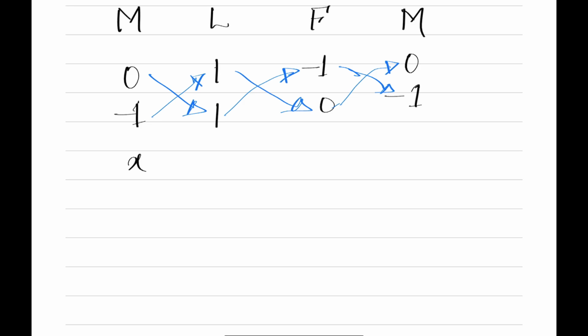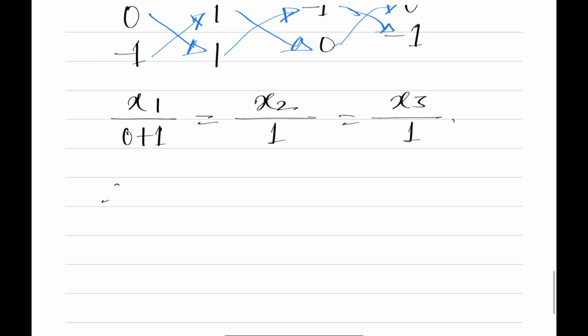Which will be, for x1, 0 plus 1; for x2, 1 into 0 minus, plus 1, which is 1; and for x3, minus 1 into minus 1, minus 1 into 0, which will be 1.